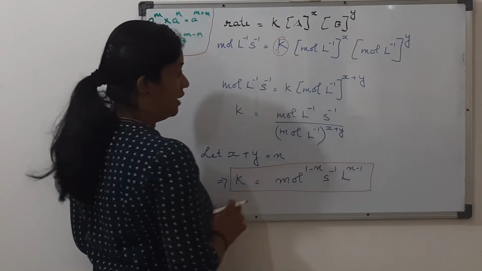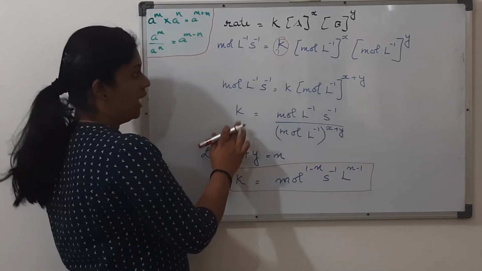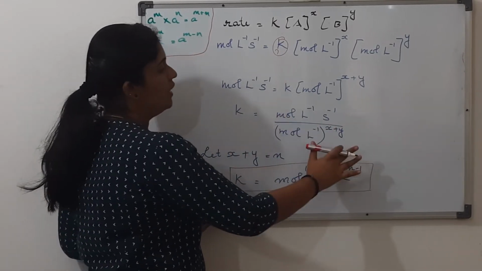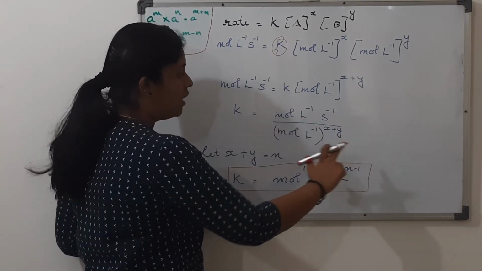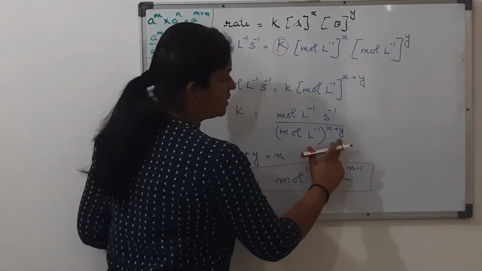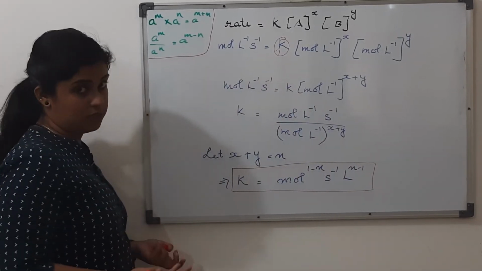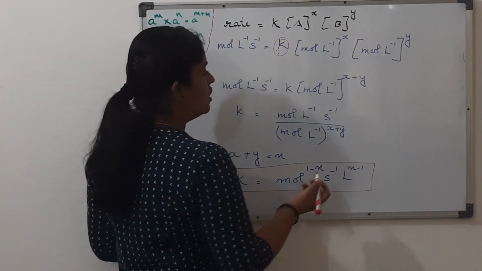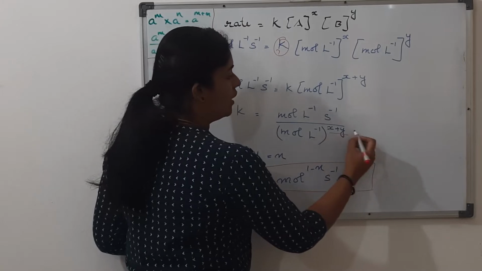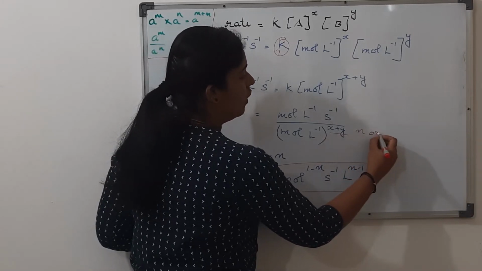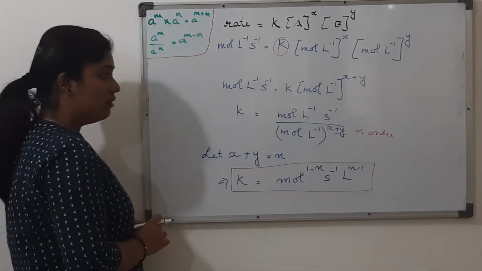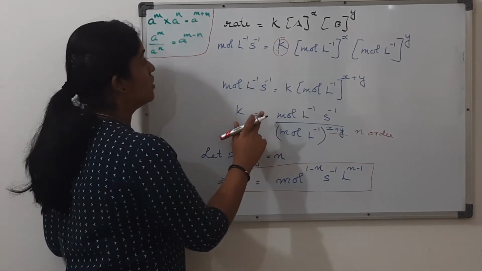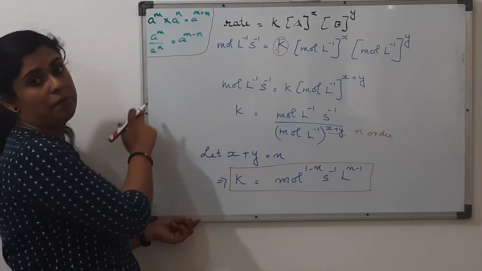Now I slightly rearrange to bring k on the left and all the other known terms on the right. So it becomes mole liter inverse second inverse by mole liter inverse to the power x plus y. Now we know that x plus y is the order of the reaction. So this x plus y can be together written as a term n, which is the order. Then again, if you look, you will see that it's of the form a power m by a power n.